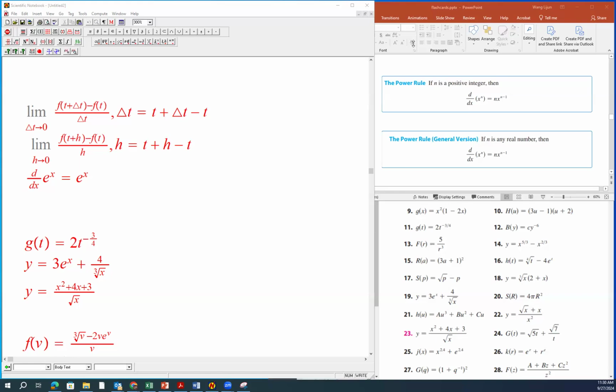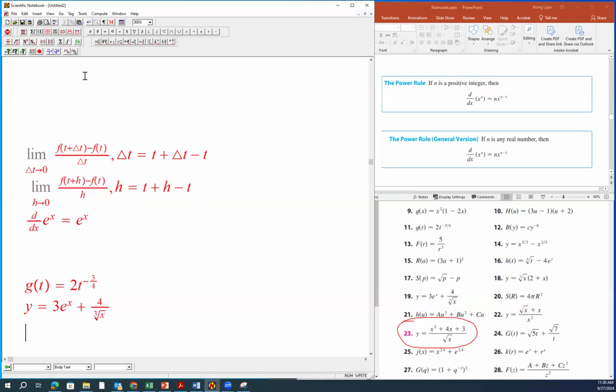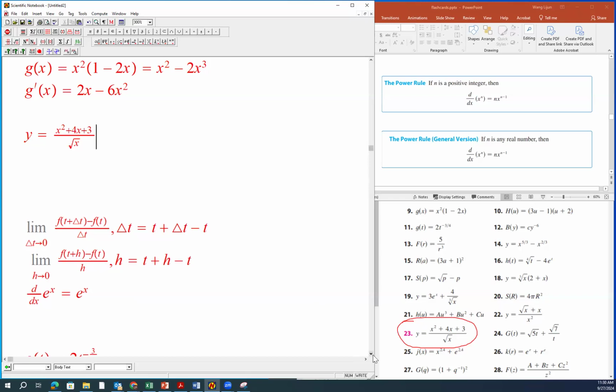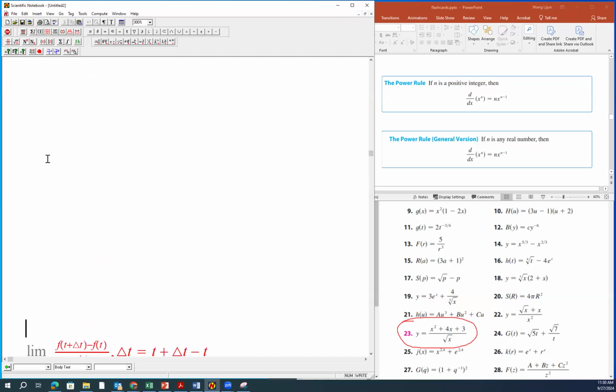Okay, 23. So let me circle that. All right, this is the question we're going to work on. And I already copied the question with me. Just cut it and bring it here. And how do I differentiate this function?